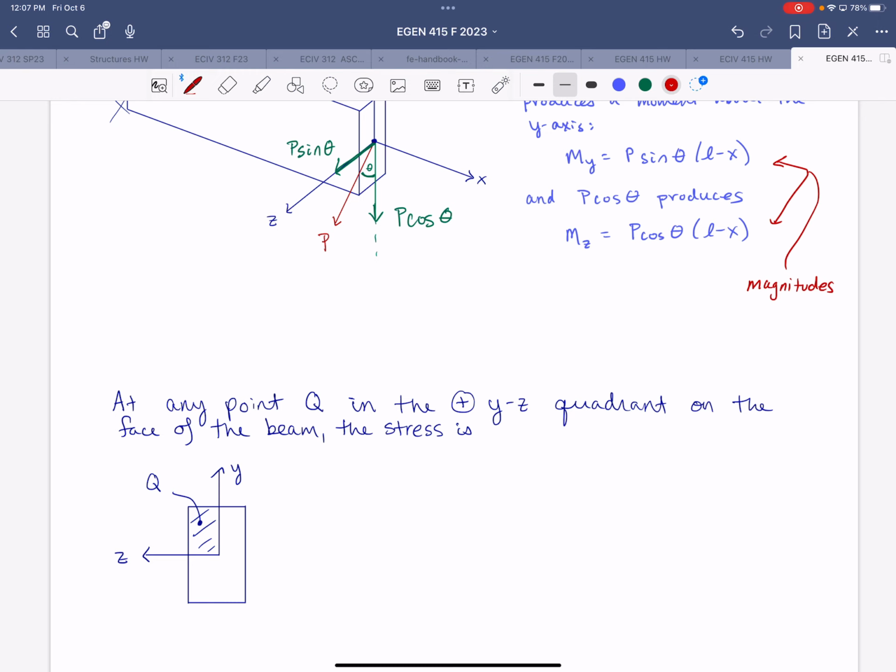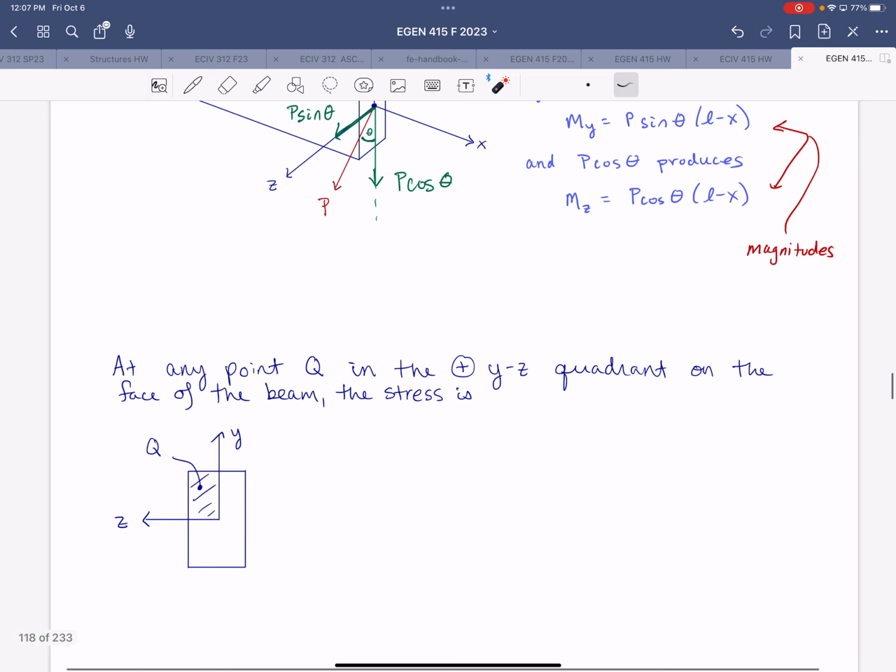So if we now consider our symmetric cross-section in the YZ plane, and think about any point Q that exists in the positive Y and positive Z directions, or the positive YZ quadrant, then we can determine the stress at that point based on the direction of the moments and whether they will cause tension or compression.